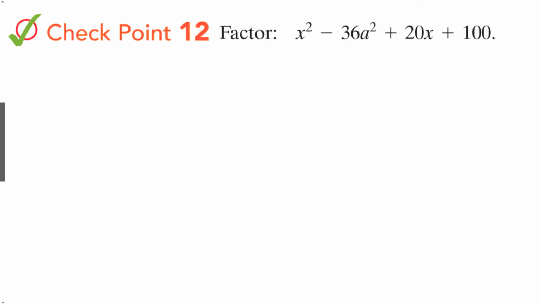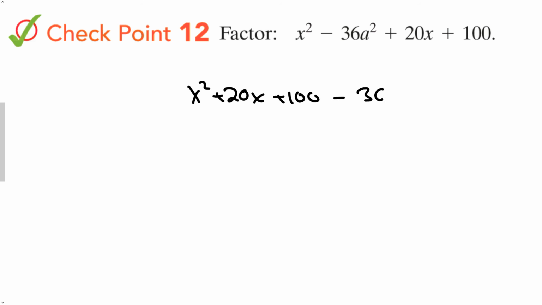Let's try one more of those. Again, rearranging this gives me x squared plus 20x plus 100 minus 36a squared. These three, x squared is a perfect square, 100 is a perfect square, so that's x plus 10 squared.